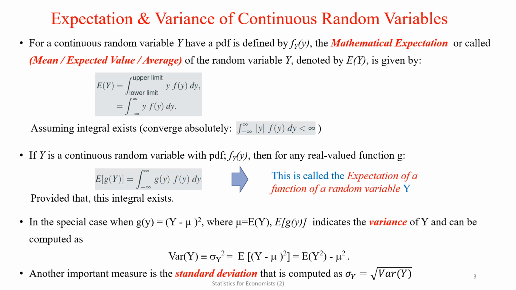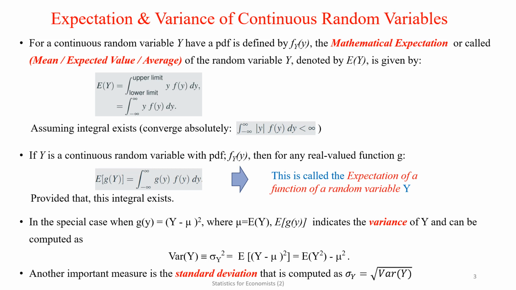As a special case, let's take g of y as the function (y minus mu) squared, where mu is the expected value of y. Do you remember? This is the variance of y. The variance of y, which is sigma squared y, is the expected value of (y minus mu) squared. How can we get it?